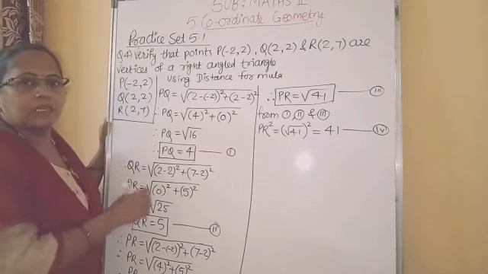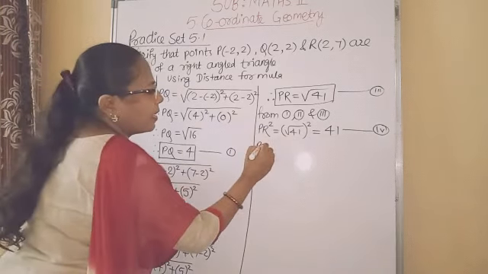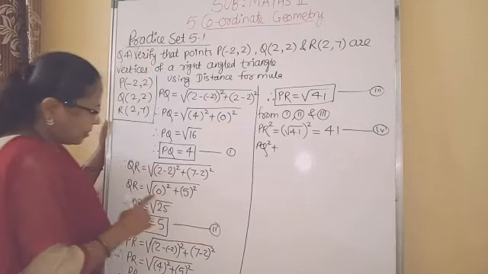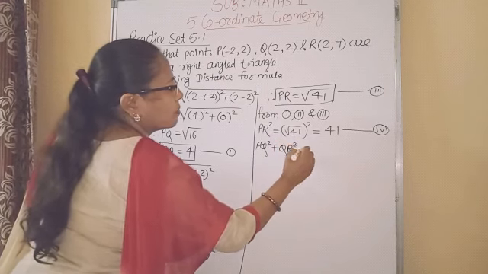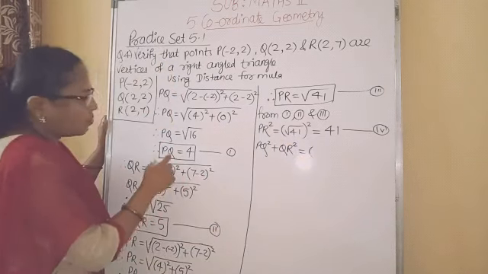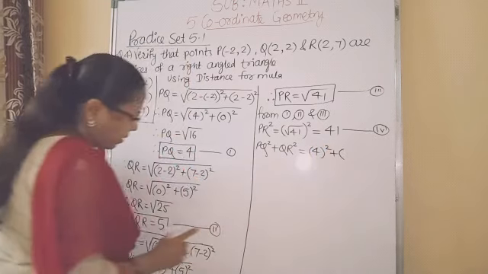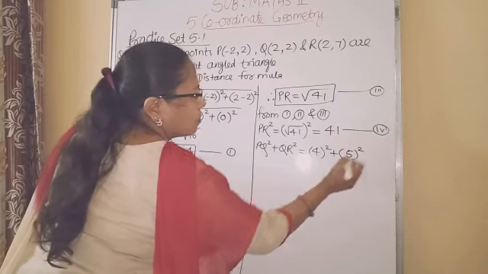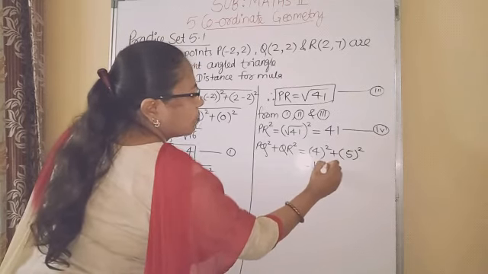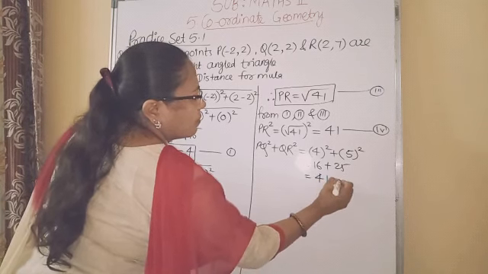Now we will find out the sum of squares of the remaining sides, means PQ square plus QR square. PQ is equal to 4, plus QR is equal to 5, equal to 16 plus 25 equal to 41.